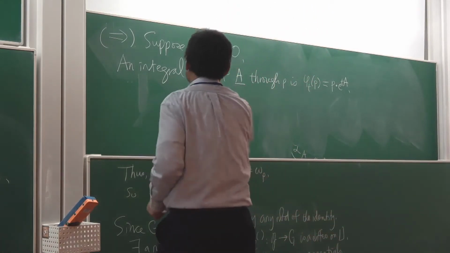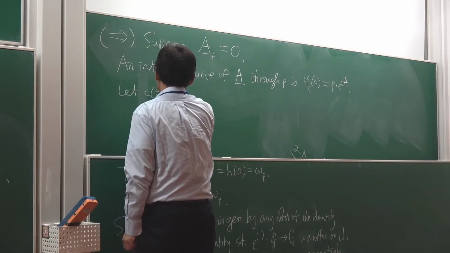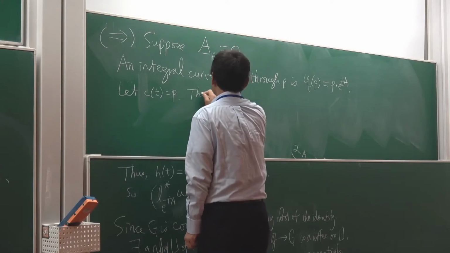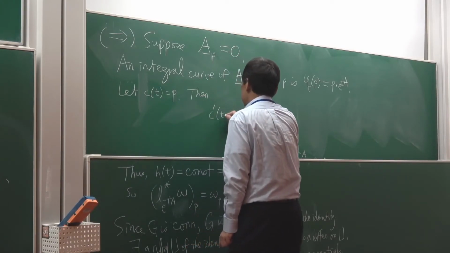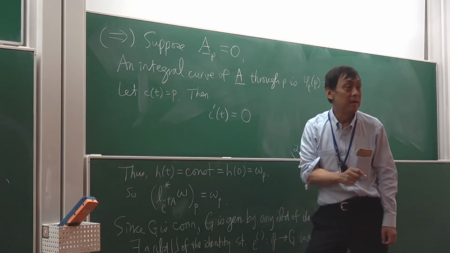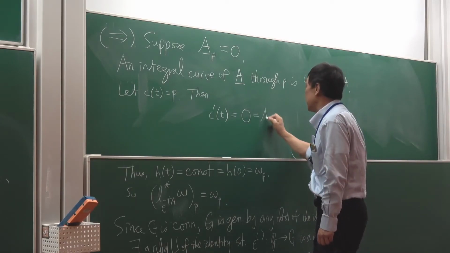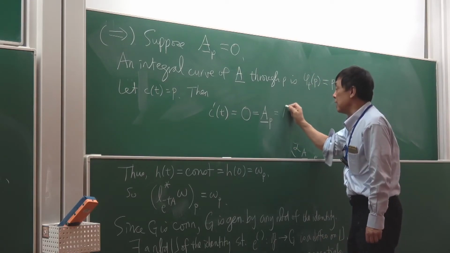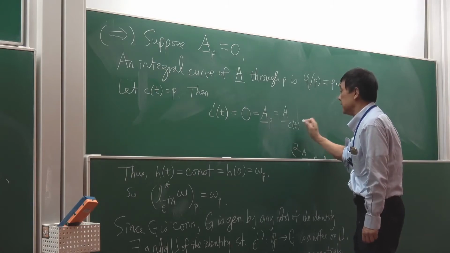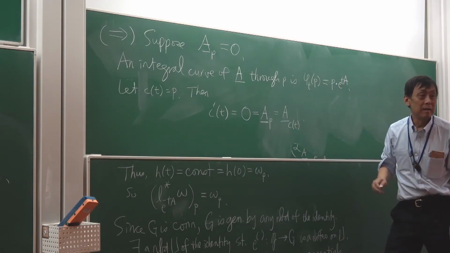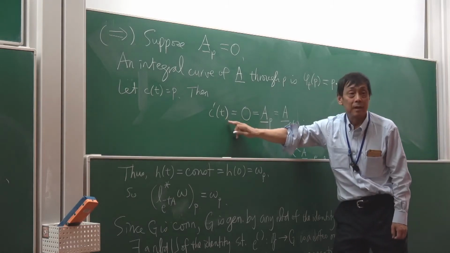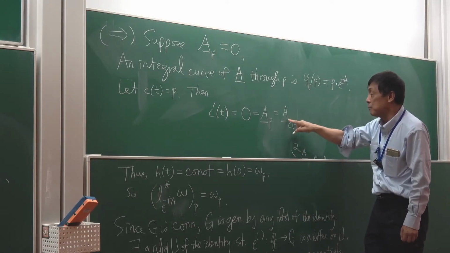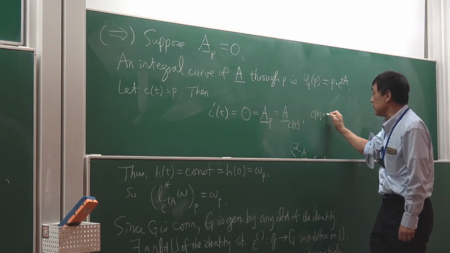Let c of t be the constant map p. Then the derivative is 0, but 0 is A bar at p, which is A bar at the point c of t. So c of t is an integral curve of A bar, and c of 0 is p.